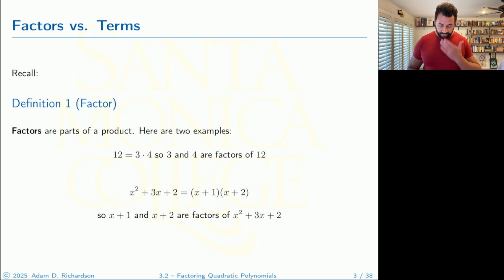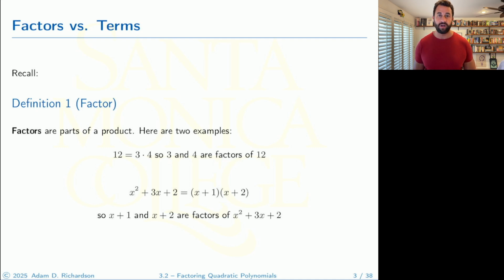So remember that factors are parts of a product. And these are the same examples I gave back in an earlier section, maybe 1.6, I think. Anyway, 12 is equal to 3 times 4. So 3 and 4 are factors of 12.